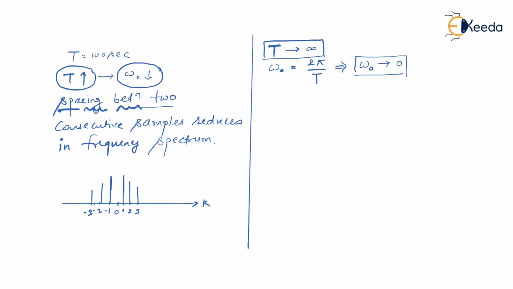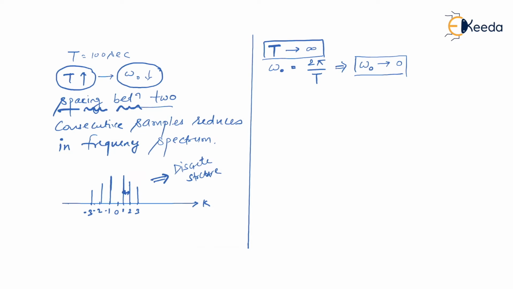So can I say that a discrete-looking spectrum will now become a continuous spectrum? This kind of structure that you see over here was a discrete structure just because there is still some space between two consecutive samples. Imagine when T tends to infinity and omega naught tends to 0, the spacing between two samples absolutely does not exist.